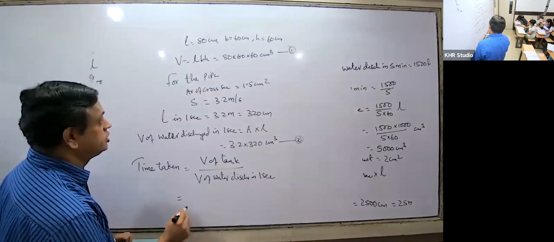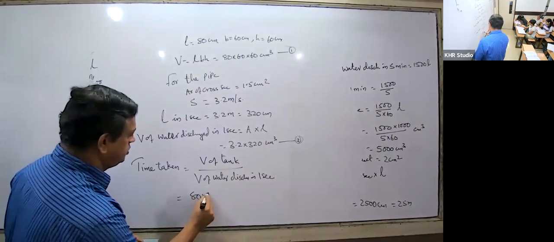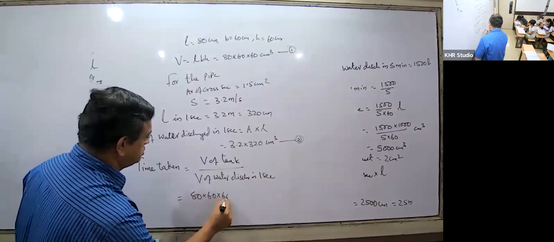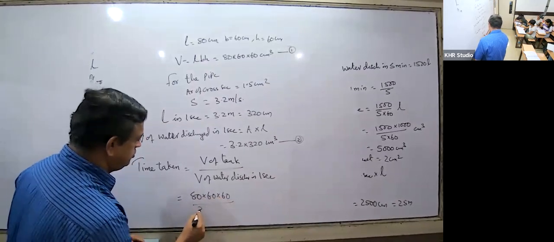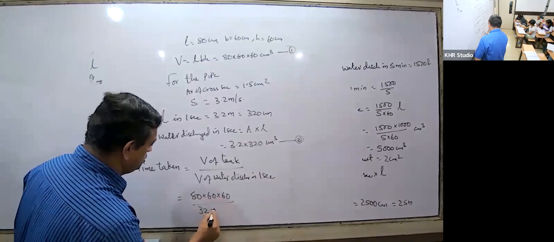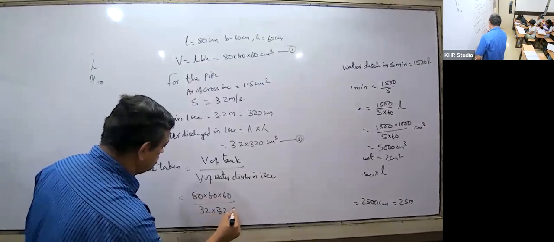What is the volume of the tank? 80 multiplied by 60 multiplied by 60 divided by 3.2 into 320. That is even 32 into 32, no?